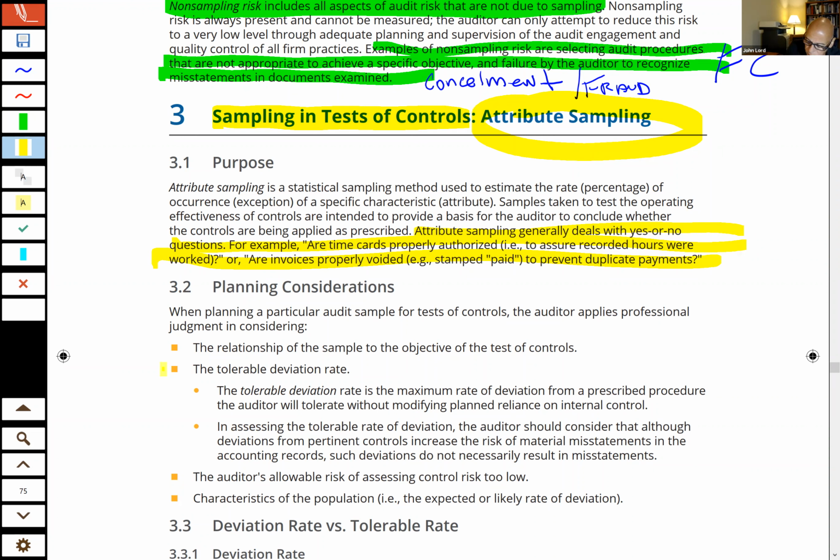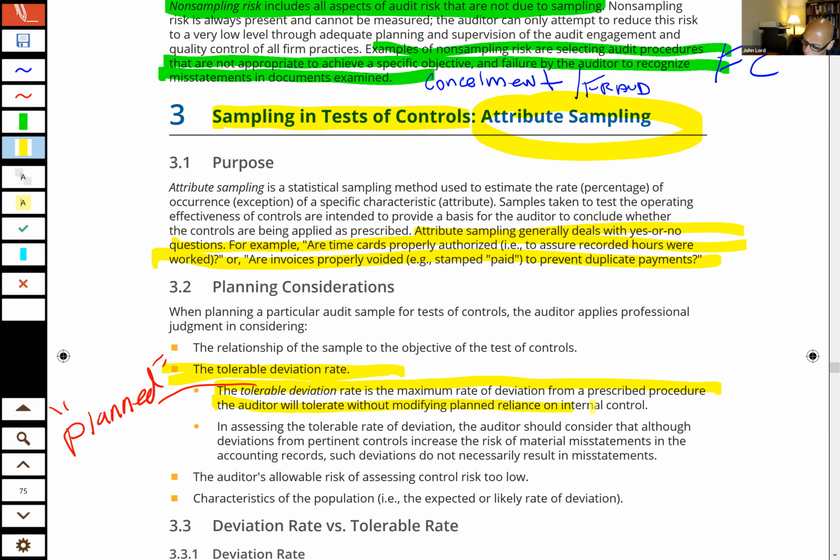And we have something called deviation rate, and we have something called tolerable deviation rate. Now, you don't call it this for exam purposes, but I'm just going to put the word that this is a planned deviation rate.